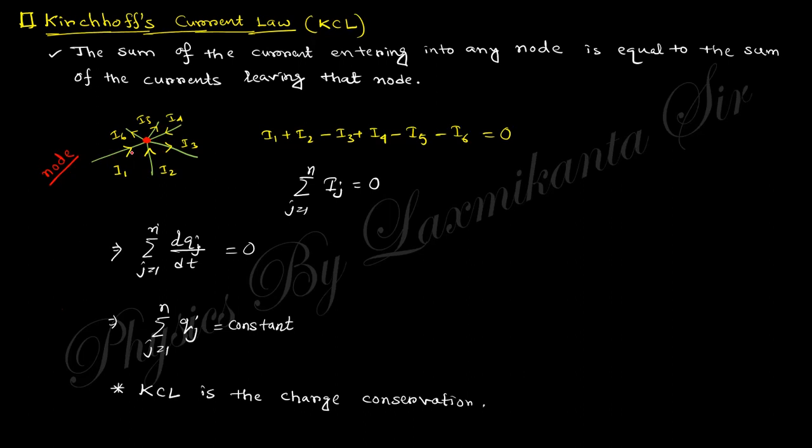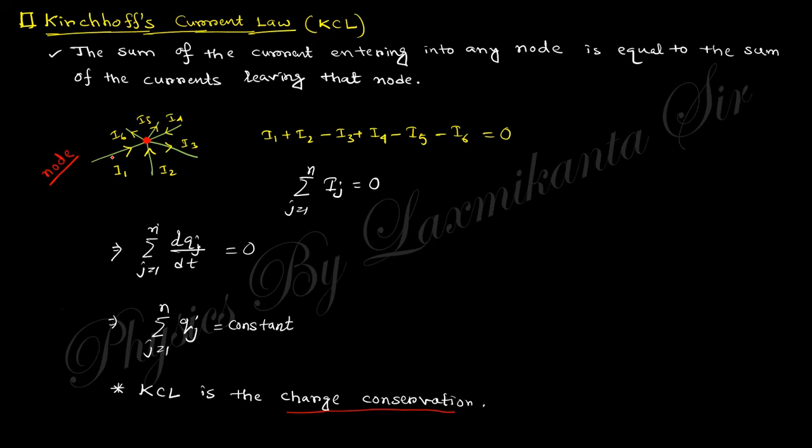So you can see the incoming I1, I2, I4 are positive and I3, I5, I6 are negative. The total current must be 0. Since I is dq/dt, dq is 0 means q is constant. That is, Kirchhoff's current law is nothing but charge conservation. At any node of a linear circuit, the total inflow of current must be equal to the total outflow.